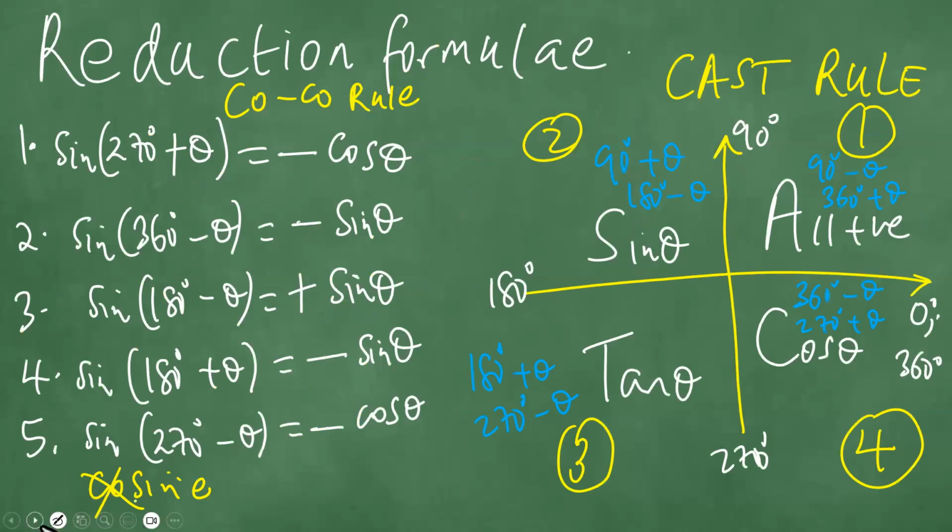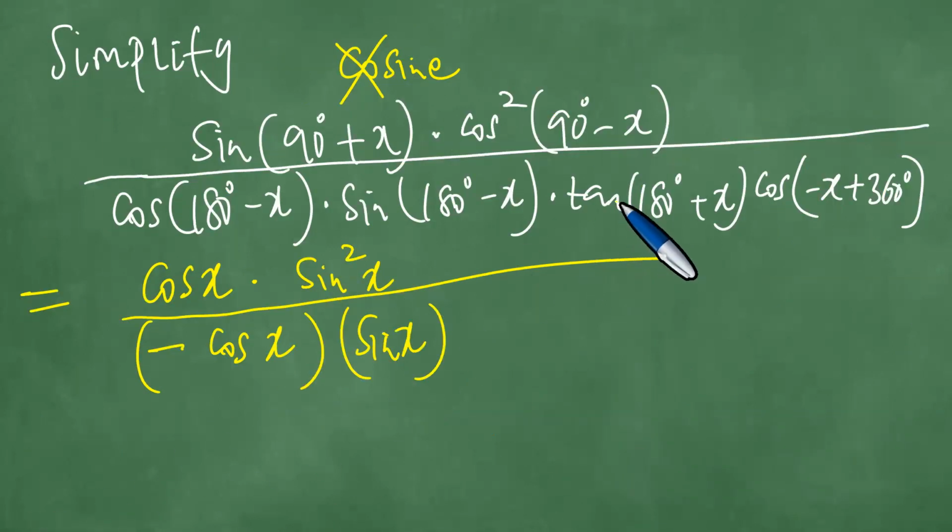180 degrees plus x. 180 degrees plus theta is in the third quadrant, and in the third quadrant, the tangent is the only one that is positive. Let's check what function we have. The tangent is the only one that's positive, and we have the tangent, so it's going to be the tangent of x. 360 minus x: you see the fourth quadrant?